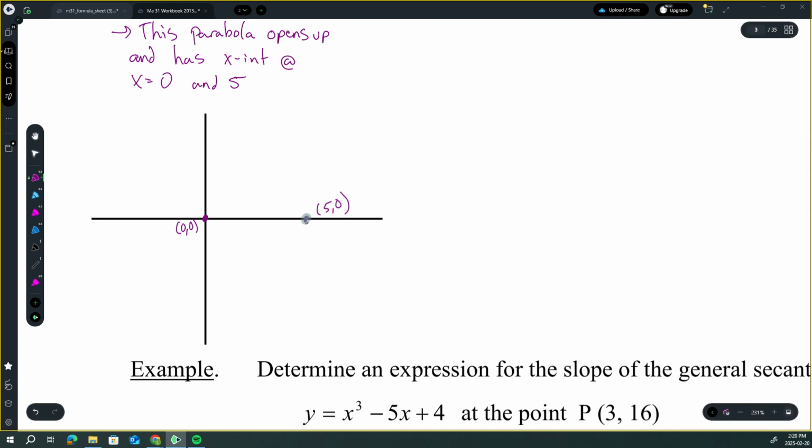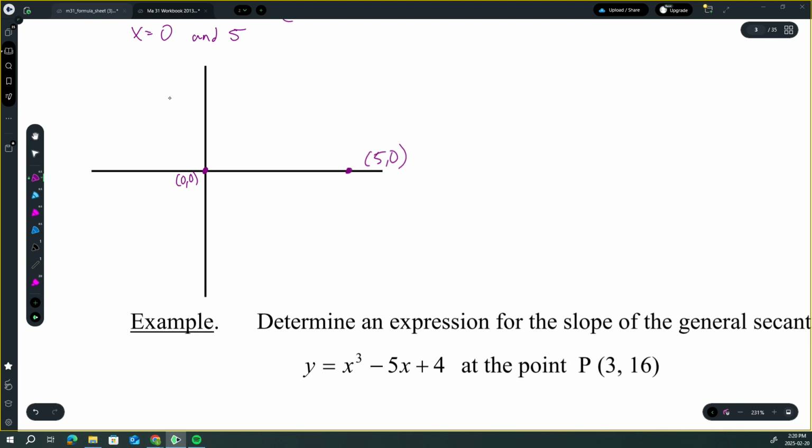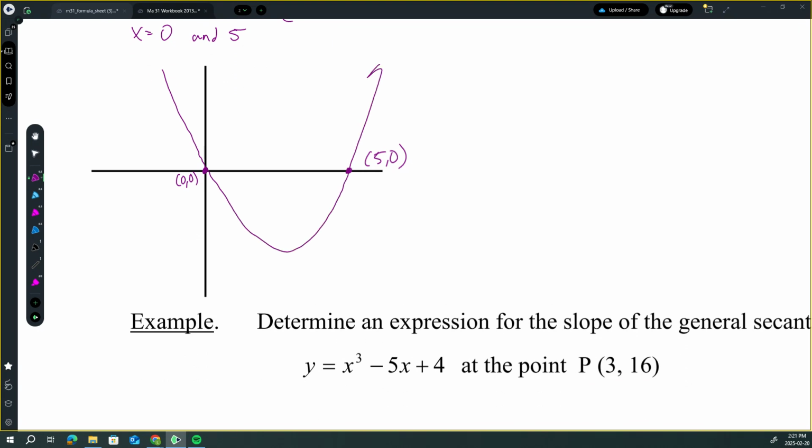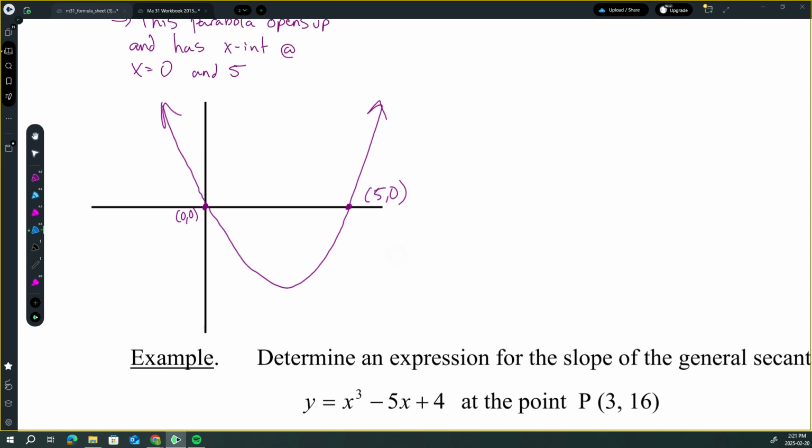I'll scooch this x-intercept just a little bit over to hopefully make my life easier. And since this is just a sketch, I'm not too worried about where the vertex is, because that's not terribly important. The important part is the general shape of what this parabola looks like.